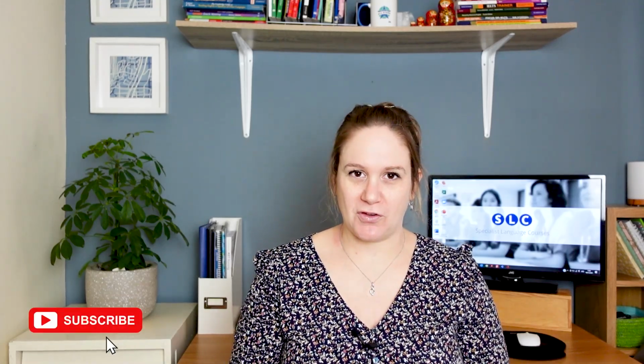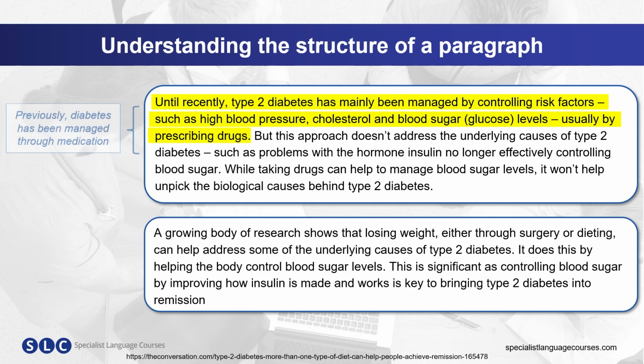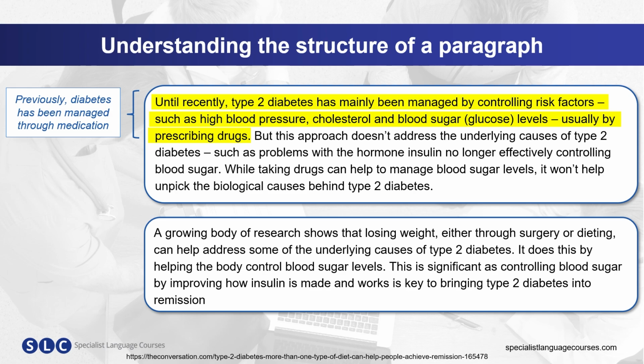Now let's look at what you can do in your self-study time to help you understand paragraph structure. Here we have an extract from an article about diabetes from the Conversation website. We can see from the topic sentence in this paragraph that the writer states, previously diabetes has been managed through medication.